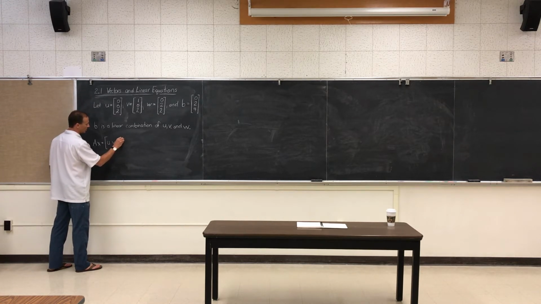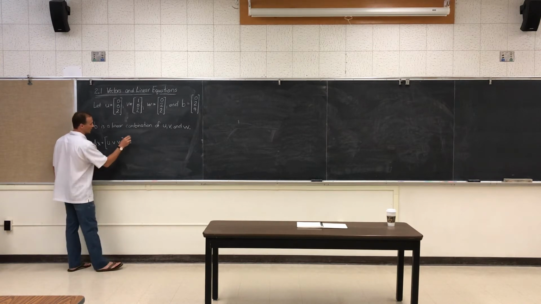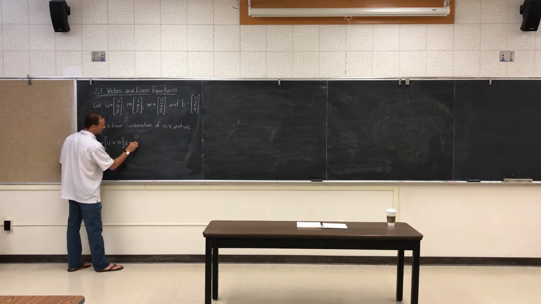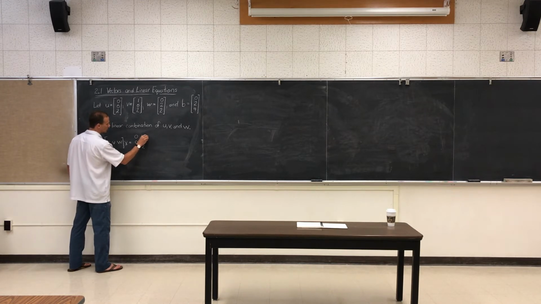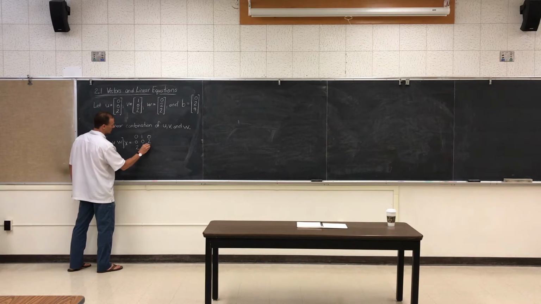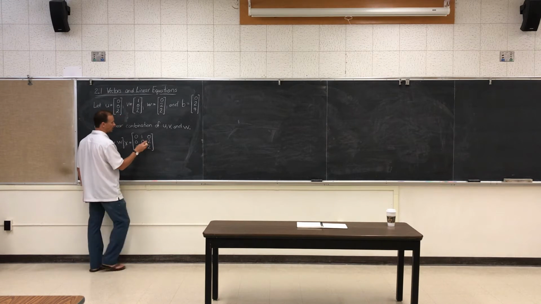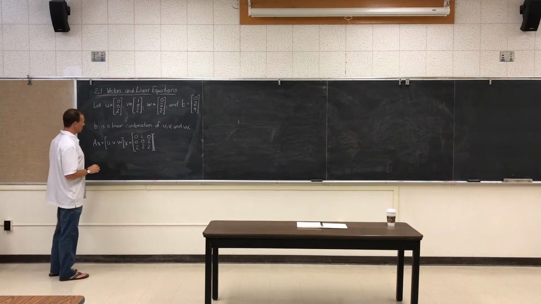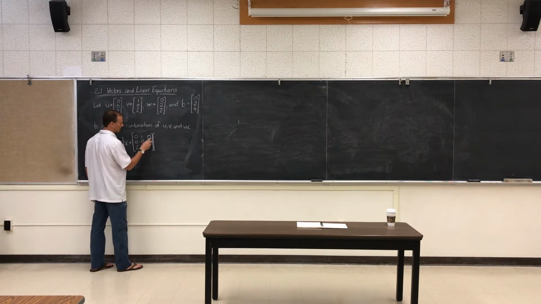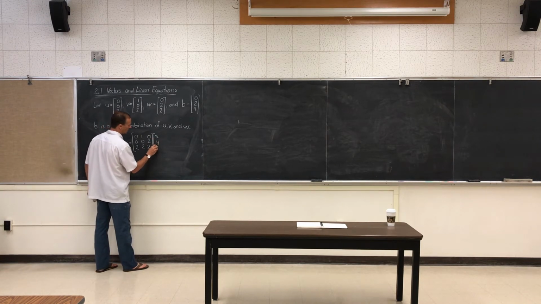In other words, we would write this as the matrix with rows 0, 0, 2, then 1, 0, 2, then 0, 2, 2, times x. Let's use x, y, z.